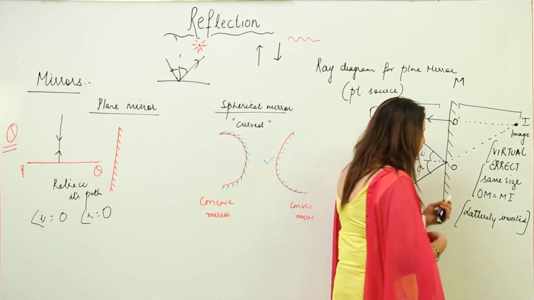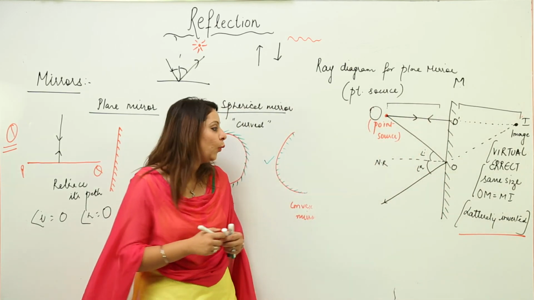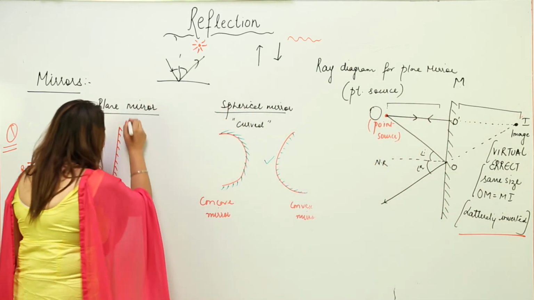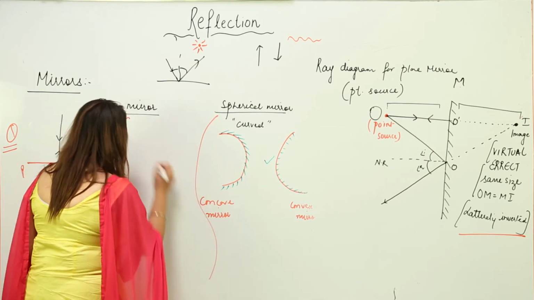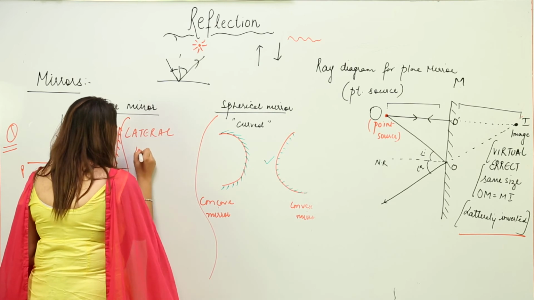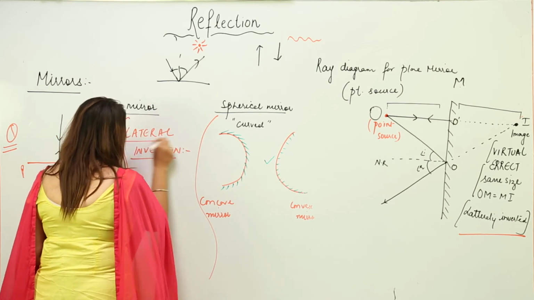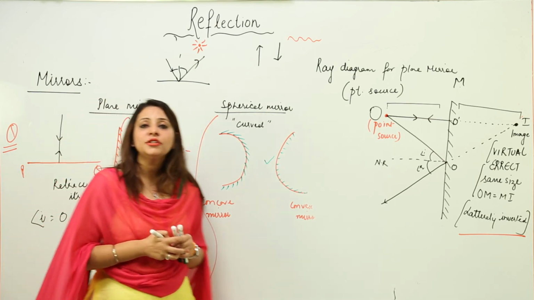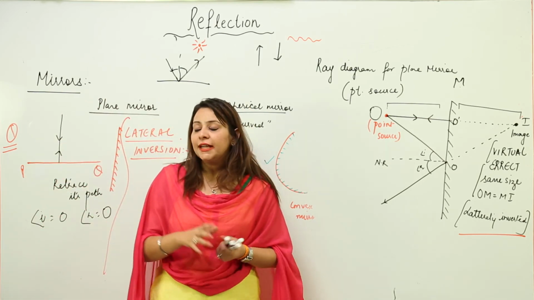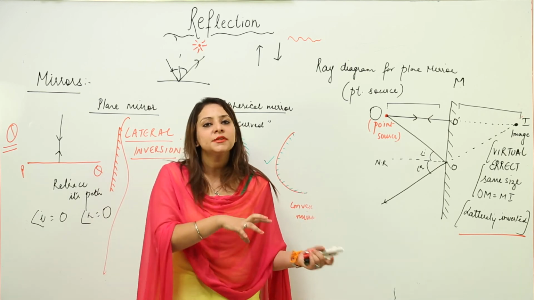And moreover, one interesting phenomenon you see is that the image is laterally inverted. Now what is this laterally inverted? We call this phenomenon lateral inversion. It is that whenever you see yourself in a plane mirror, your left hand side becomes right hand side, and your right hand side becomes left hand side.